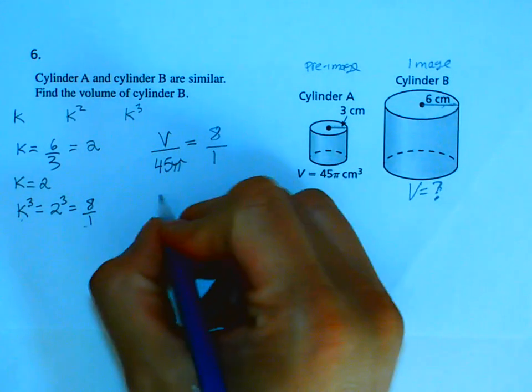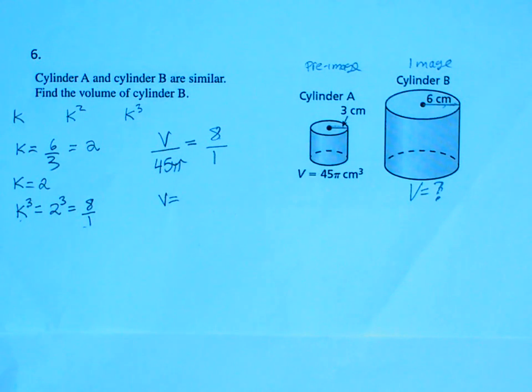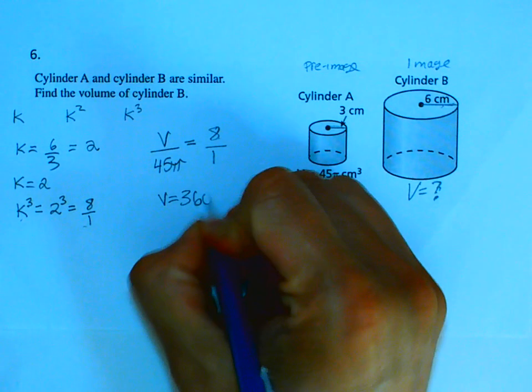So now you're going to cross multiply, and you're going to get 8 times 45. And that's going to give me 360 pi.